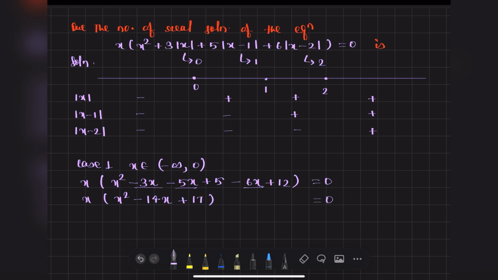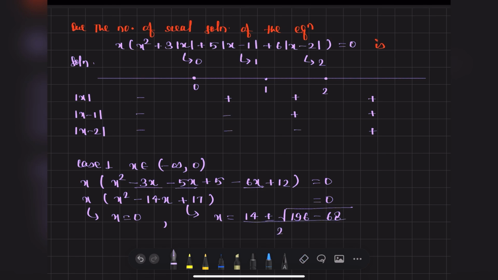Now look at this. If you observe the first part, you will have the first zero as 0, and for the second part we will apply the Sridharacharya rule. So x equals minus b plus minus root under b square minus 4ac, over 2a.